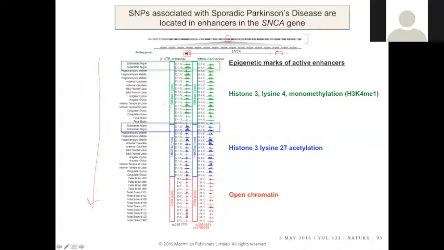We also see very robust peaks of histone lysine 27 acetylation. You remember acetylation, it opens up the chromatin. And down here, finally, these are the active marks of open chromatin. So we're seeing that this region of the gene carries epigenetic marks that suggest it is actually an active enhancer.